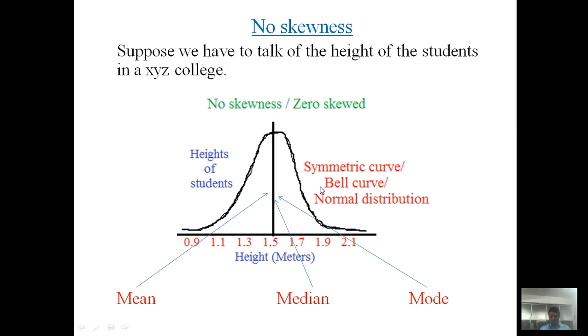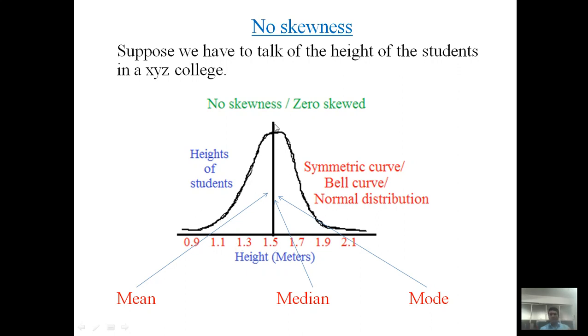This distribution shows that there are very few students in XYZ college whose height is 0.9. Next we consider the height 1.1 meter. There are a few more students compared to 0.9. The number of students with height 1.3 meter is greater than the previous two.